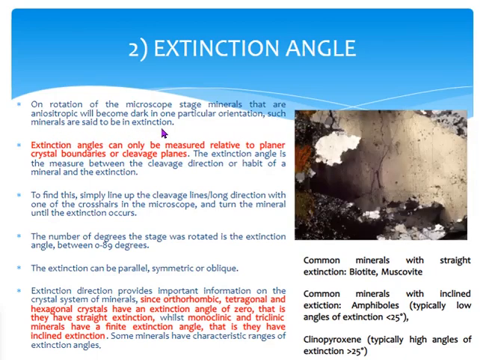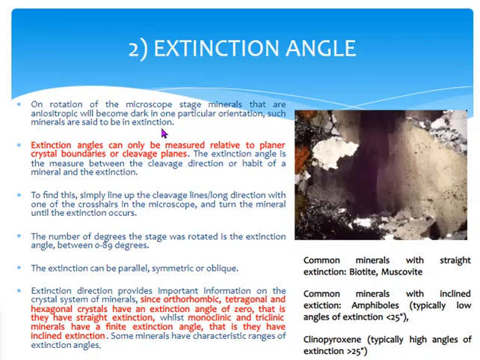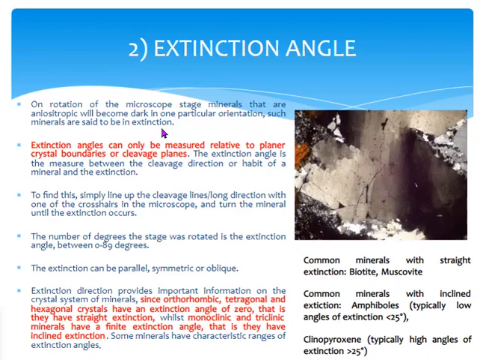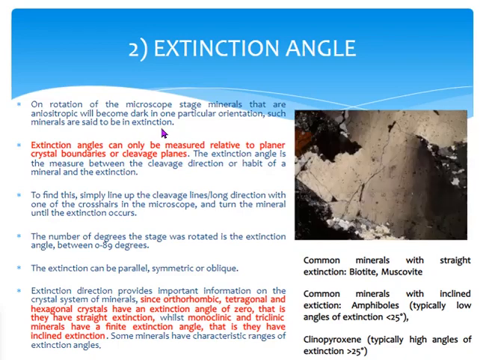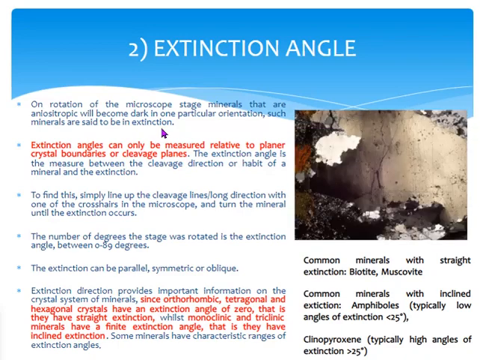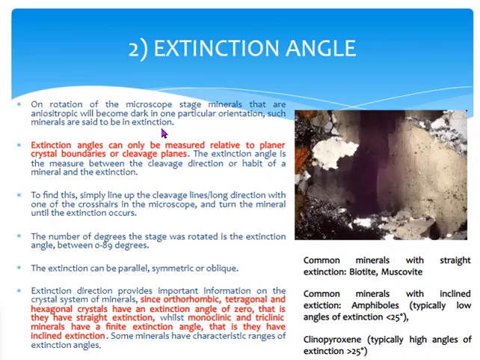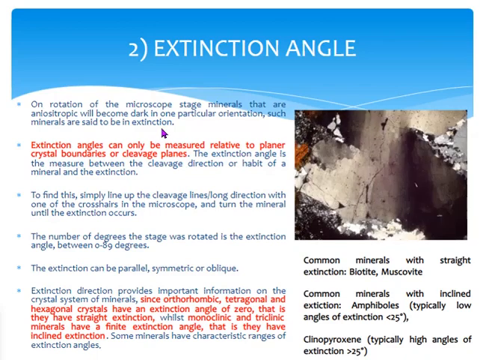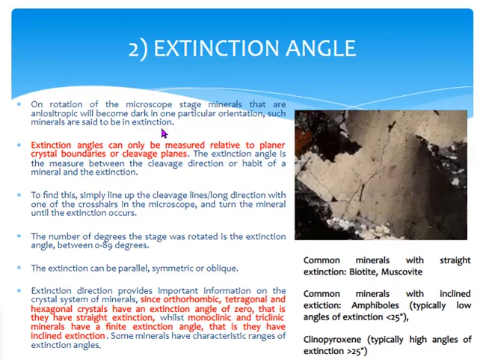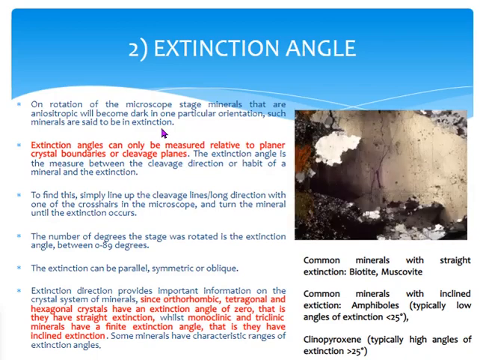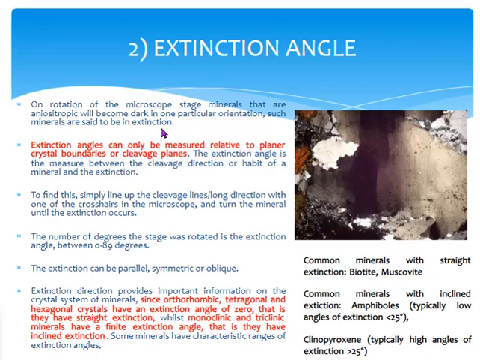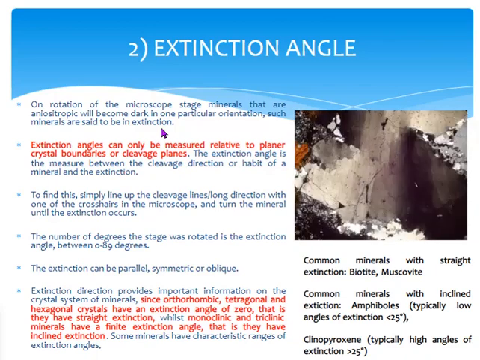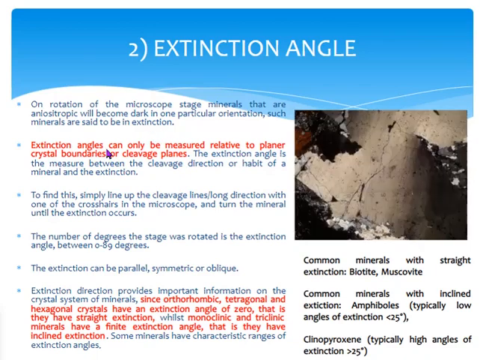Suppose at 0 degree we see the color of the mineral is brown, and that color will change at 90 degree or 20 degree or 30 degree, meaning at a 30 degree angle the mineral is extinct, the color is totally extinct.